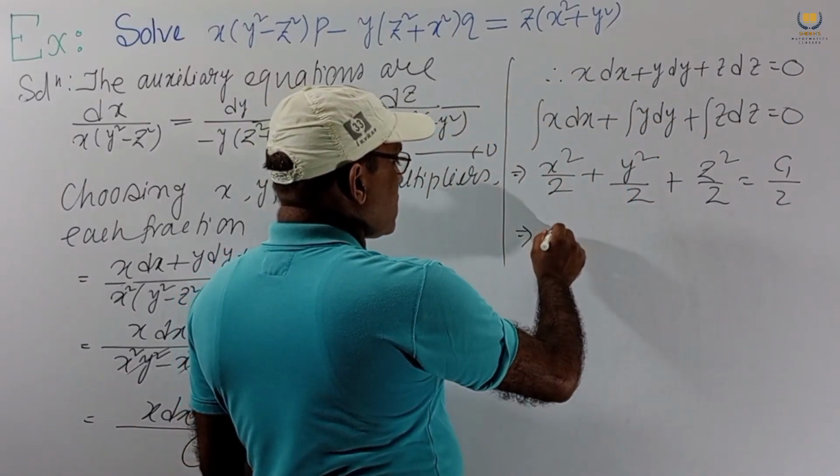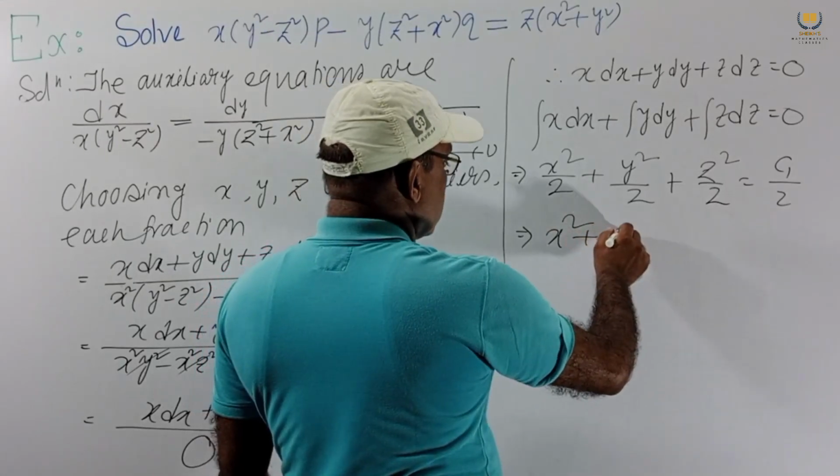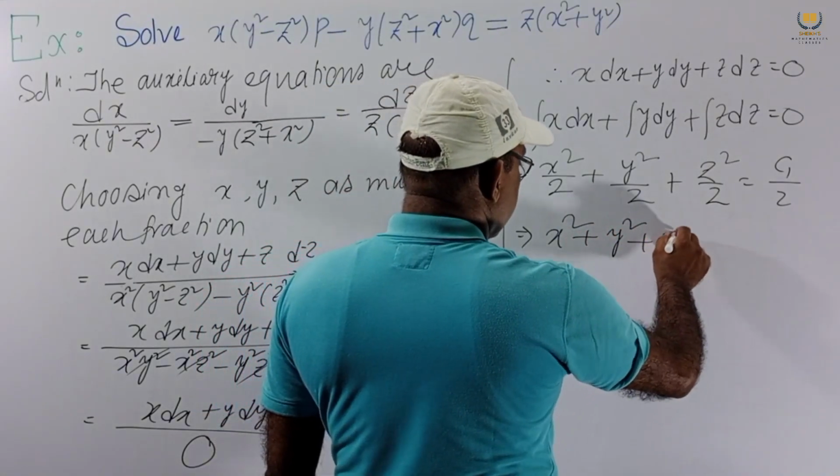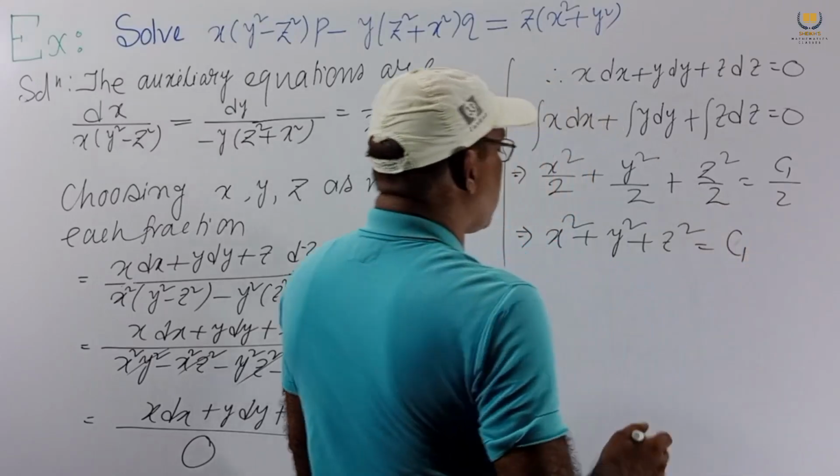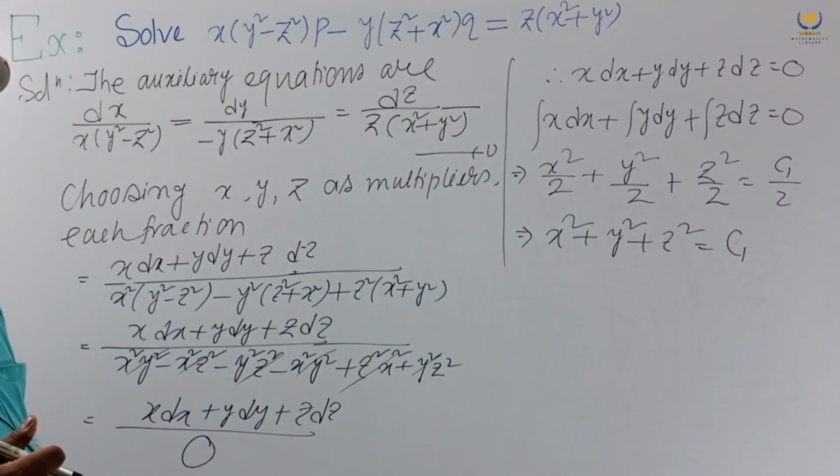And multiplying both sides by 2, x square plus y square plus z square equal to c1. This one we get.